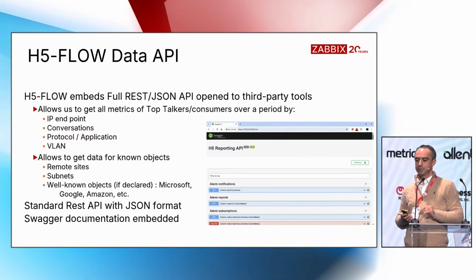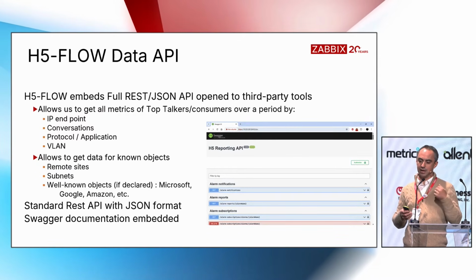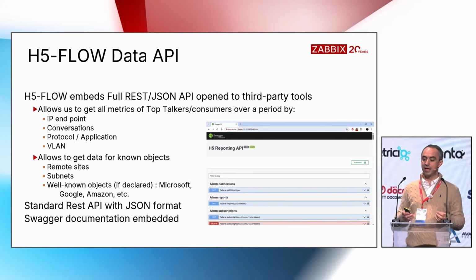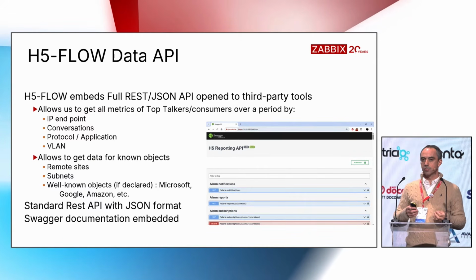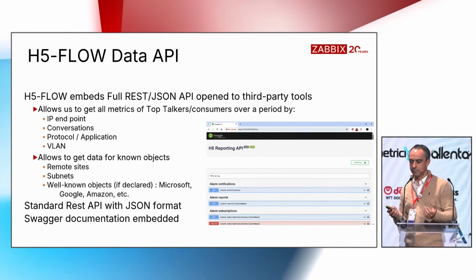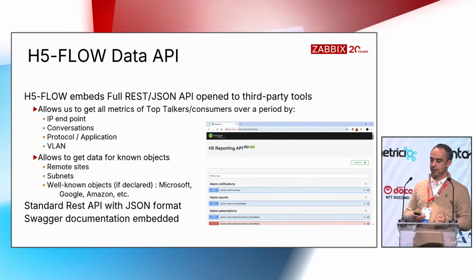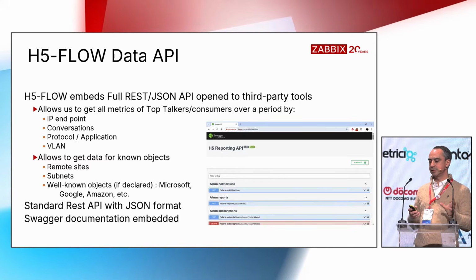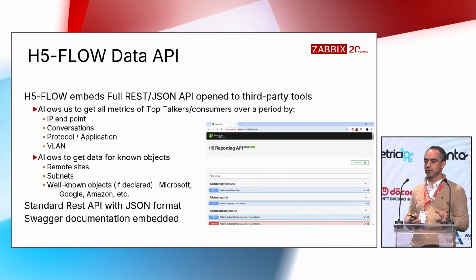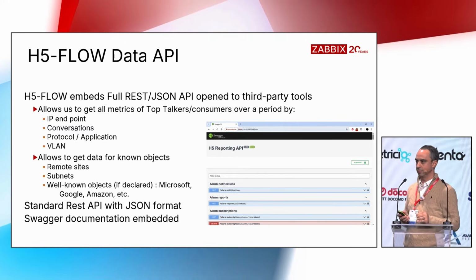We have methods to get IP endpoints and metrics for conversation, protocol, VLAN, and we can also define specific objects like your remote sites and your subnets. And in the standalone tool, we have integrated the documentation of the API using Swagger.